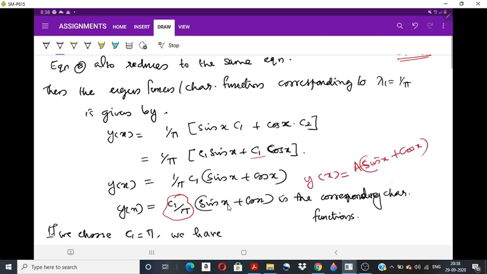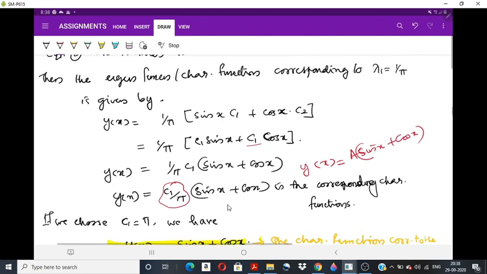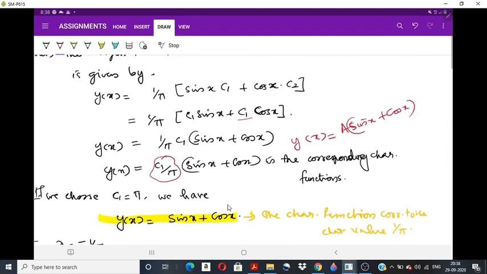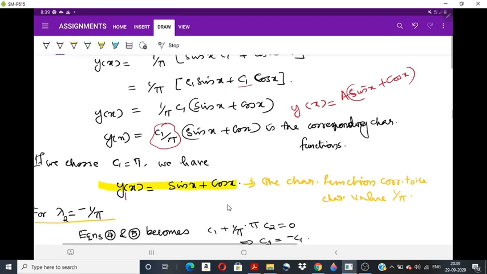an arbitrary constant. So in particular, if we choose a as 1, we have y1 of x equal to sin x plus cos x. So this is the characteristic function corresponding to the characteristic value 1 by pi.